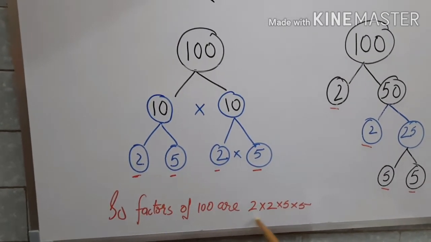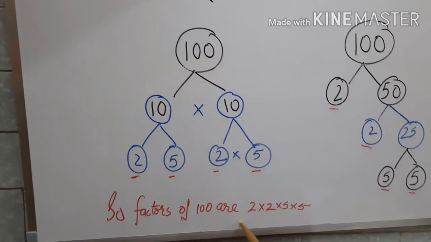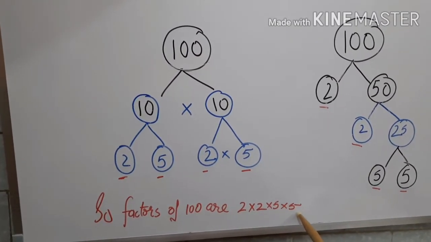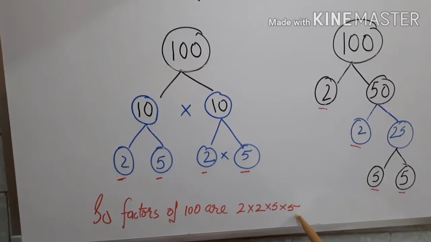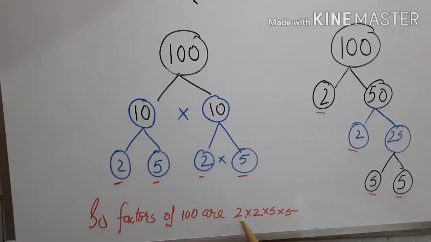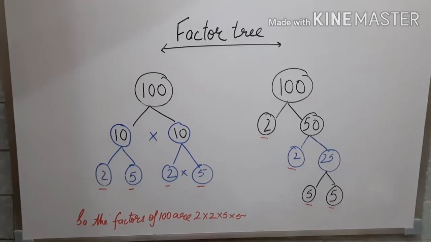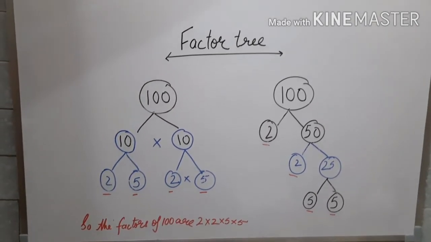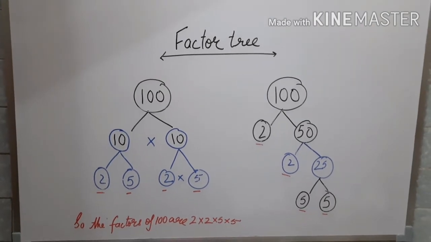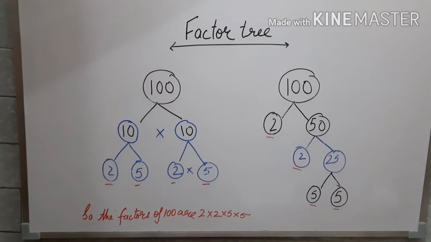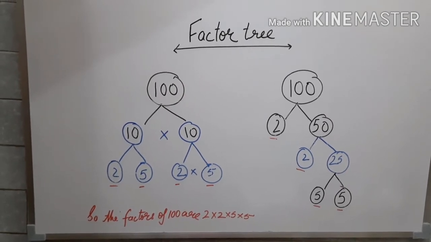Like I wrote in the last line, the factors of 100 are 2 multiplied by 2 multiplied by 5 multiplied by 5, which are the same. So the prime factors of 100 are 2, 2, 5, 5. If you don't know what prime numbers and composite numbers are, for that you can watch my another video which is already uploaded on my site.